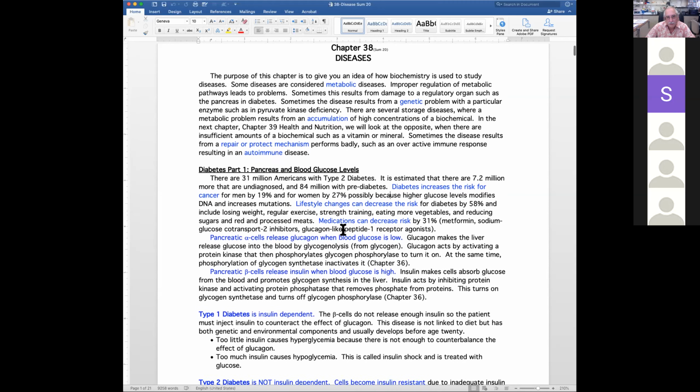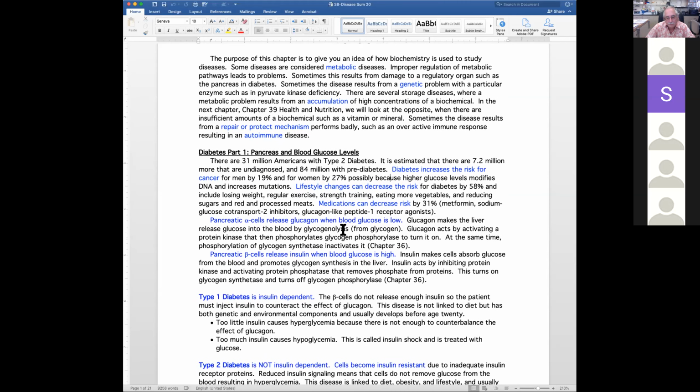So diabetes is a multivariant disease. It's got so many factors. There's a genetic component. There's a strong environmental component. All kinds of different things.